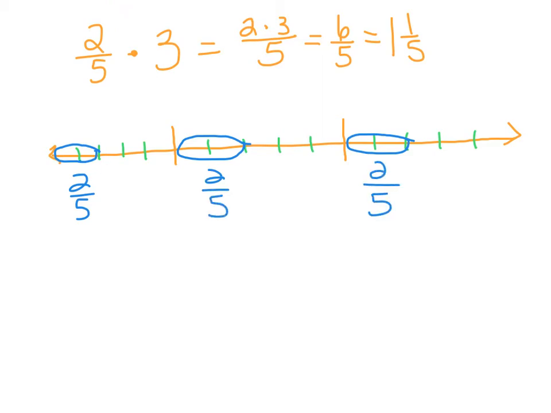So the number line was divided into 3 pieces to represent the 3 holes. Each hole was split into fifths because of the denominator in our fraction. And then I circled 2 in each. And so now there are a total of 6 circled fifths on the number line.